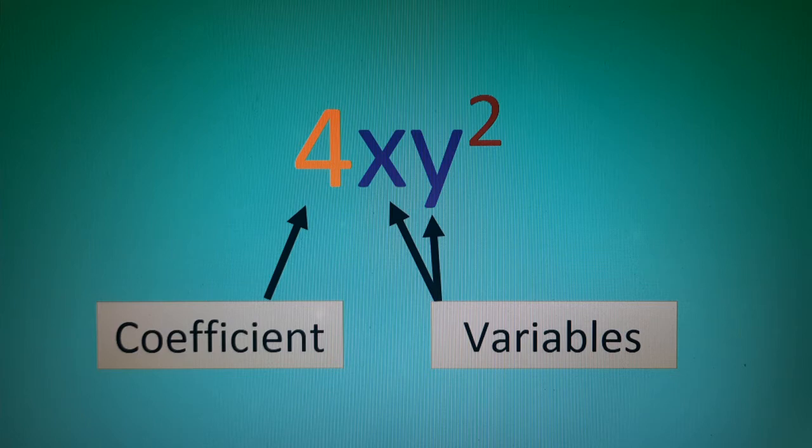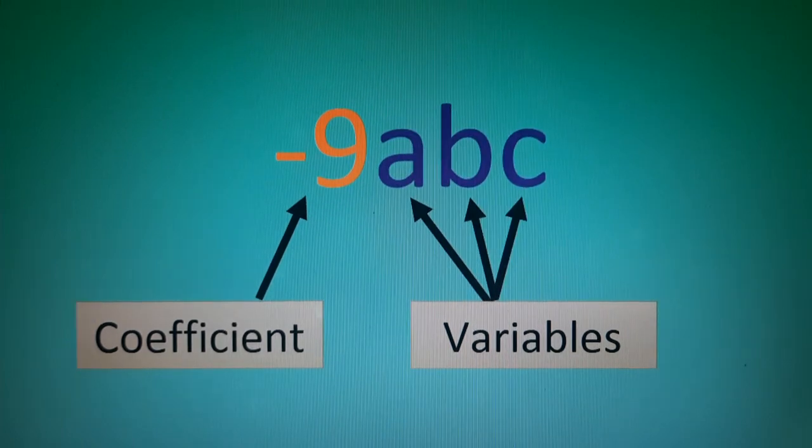So this term has a positive coefficient. In this example, minus 9abc is the algebraic term. Minus 9 is the coefficient, a, b, c are variables. So this term has a negative coefficient.